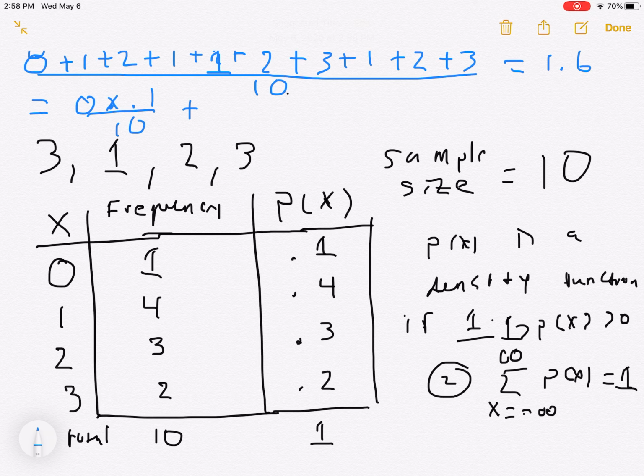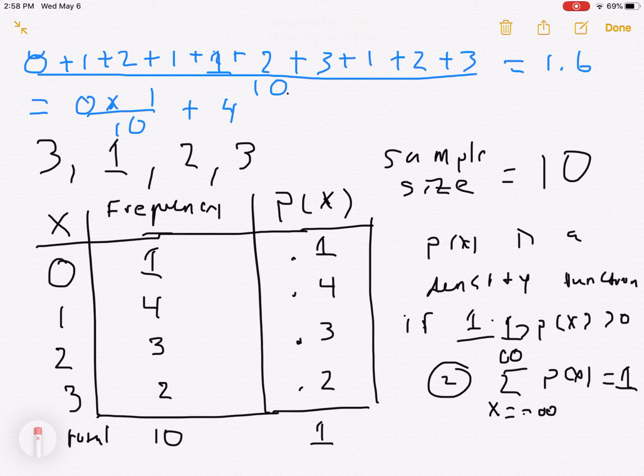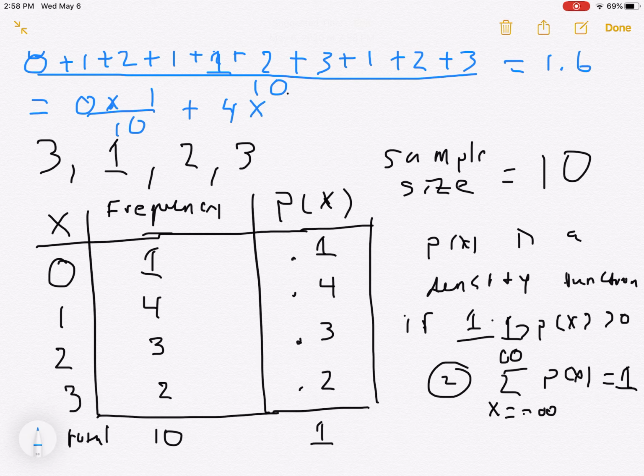The ones occurred 1, 2, 3, 4 times. 4 times this 1/10.